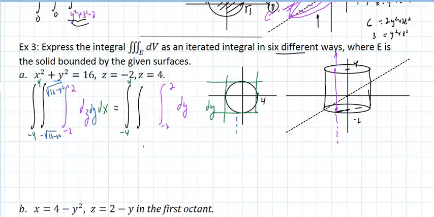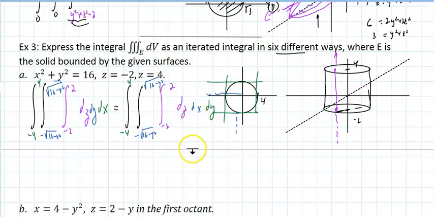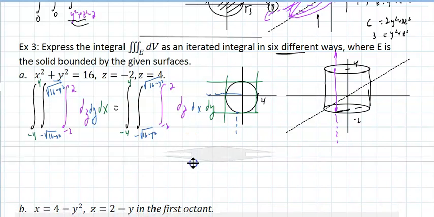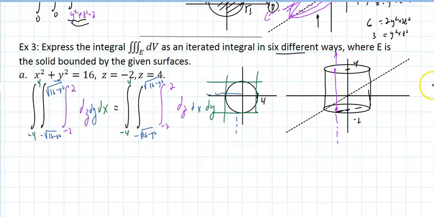And then x would run from x equal negative the square root of 16 minus y squared to the square root of 16 minus y squared. And there it is. Now that's going to require you to use a trig substitution, which is not pleasant, but we're not going to solve that. We're asking for you to set it up 6 different ways.